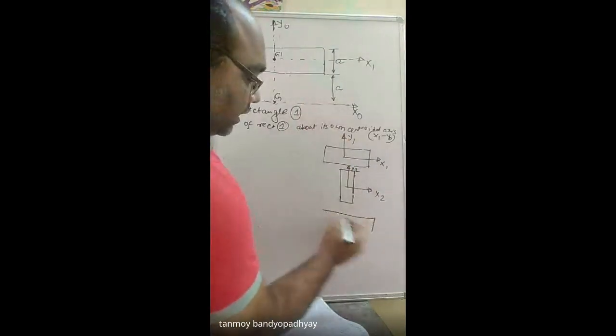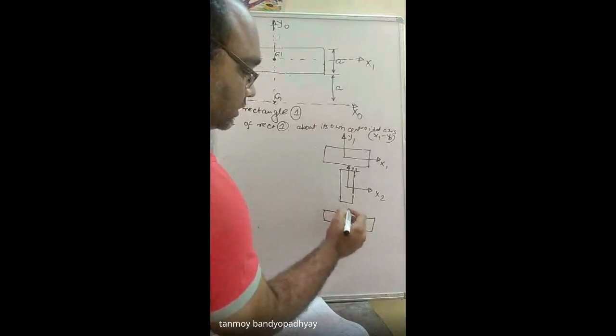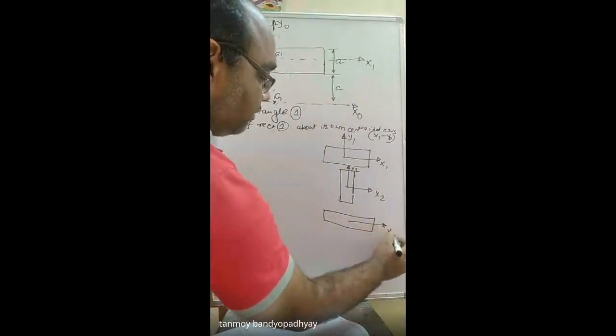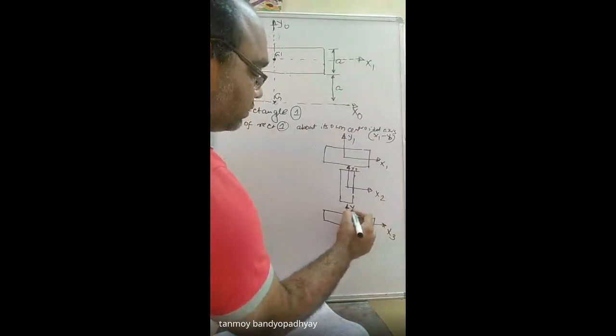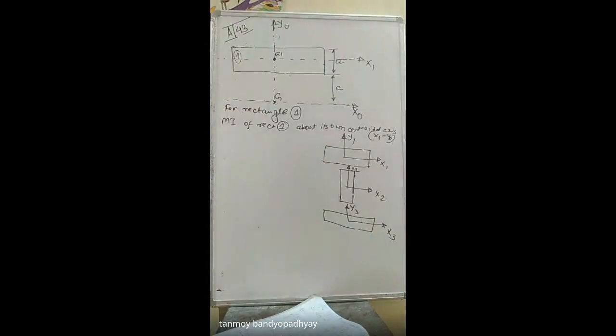For the third rectangle, the bottom flange, you have x3 and y3. Y1, y2, and y3 carry no meaning because they are coincident and they are y0 itself. There is no point naming them separately. We don't need y1, y2, y3 because they are collinear and can be referred to by y0 itself.